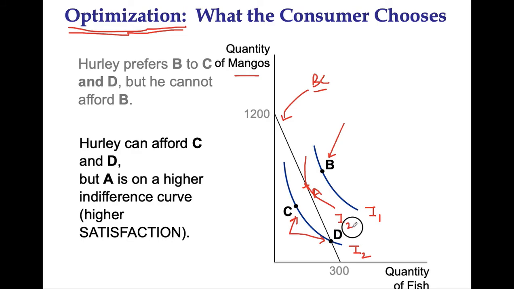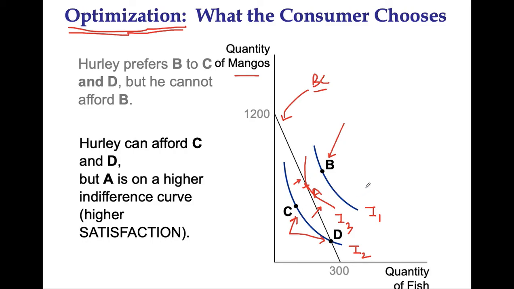Why? Because this point A is on the budget line, so it is affordable, and it is also on this indifference curve I3 that is higher than the curve I2.